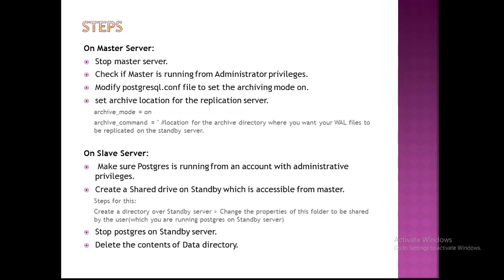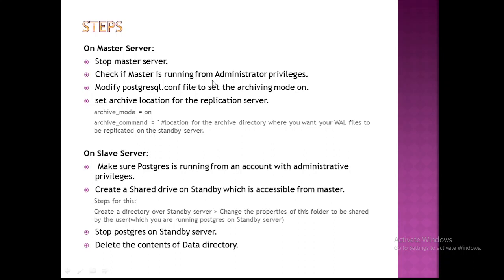So what are the steps for applying file-based replication? Here are a few steps. We need to stop the master server, and we need to check that PostgreSQL is running with administrator privileges. We need to modify PostgreSQL to set our archive mode. We have already talked about this in our earlier video, where we set up continuous archiving.